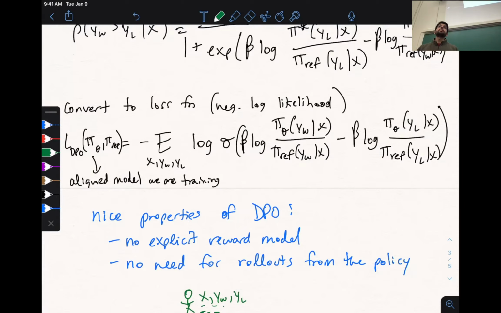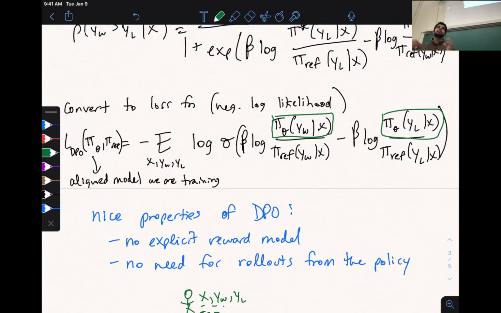In their paper, they do an analysis of the gradient of this loss function as well, which shows very clearly that intuitively what it's doing is increasing the probability of the preferred completion Y_w given X, and decreasing the probability of the Y_l given X.